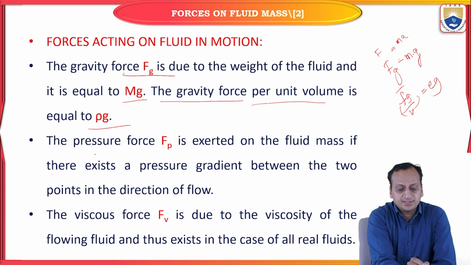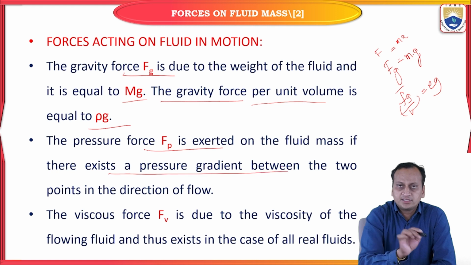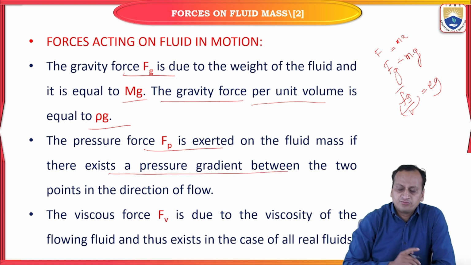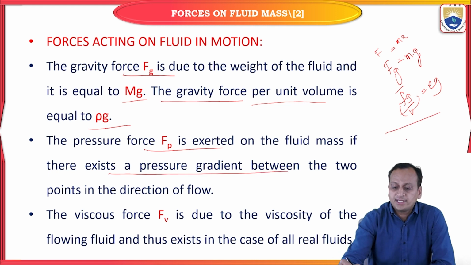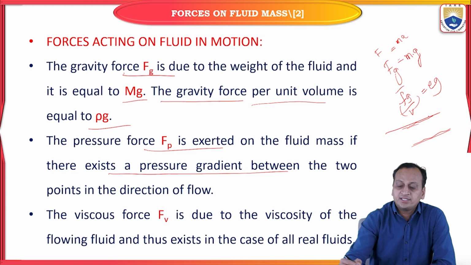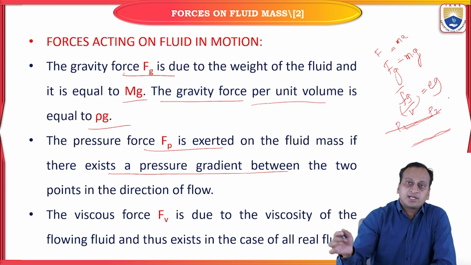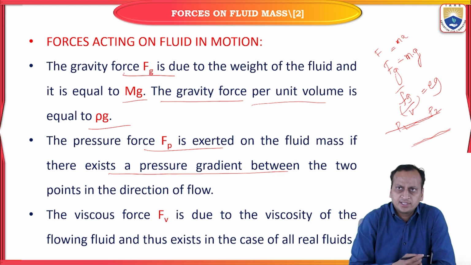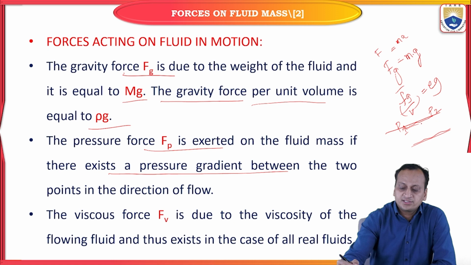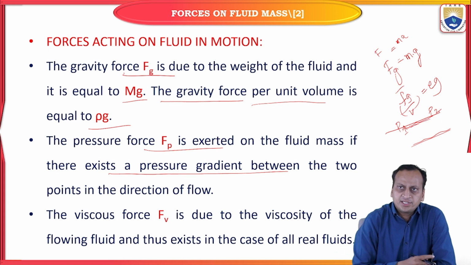Another force is the pressure force. This pressure force will exist due to the pressure difference or pressure gradient. When a fluid is flowing through a pipe, on account of internal friction and internal surface roughness, a pressure difference will occur. Over a length of a pipe, P1 and P2 will not be equal because there will be a pressure gradient.